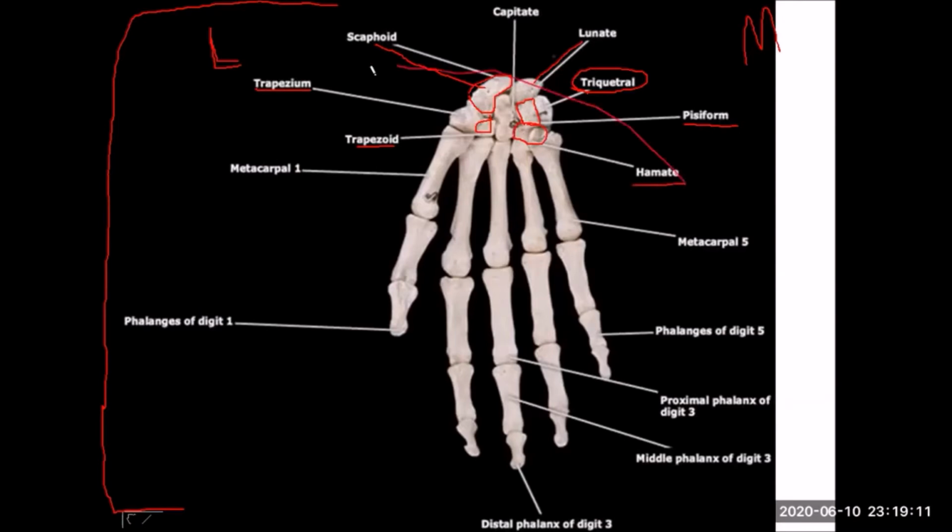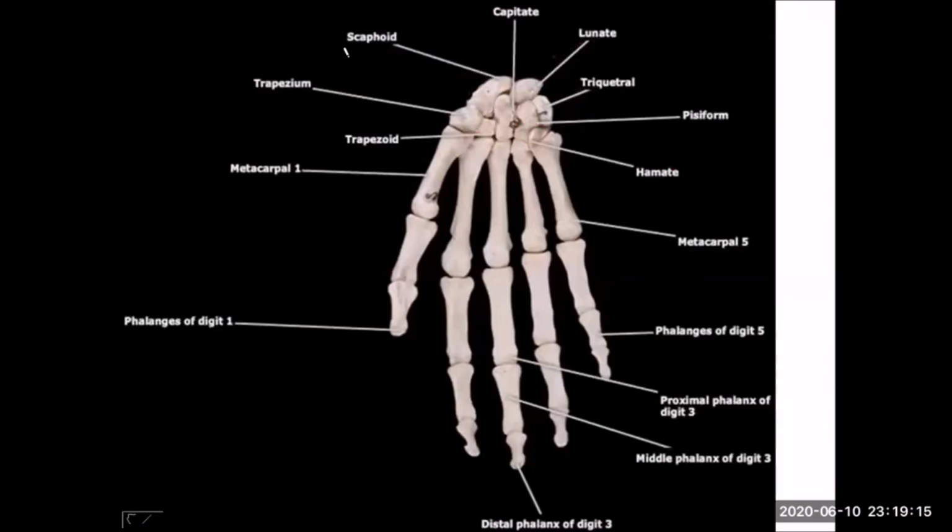So to do that again, from the lateral superior portion, it's scaphoid, lunate, triquetrum, pisiform, and then going back to the lateral side, trapezium, trapezoid, capitate, and hamate for the carpals.